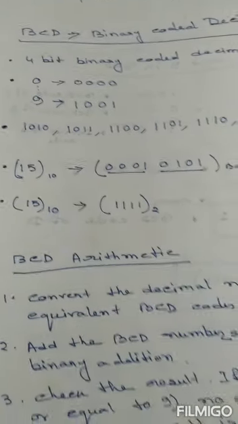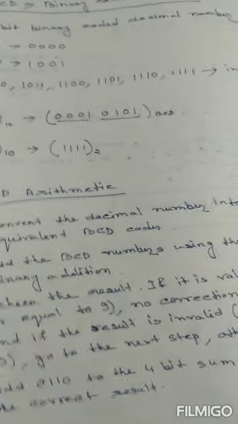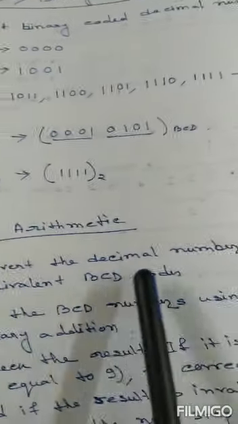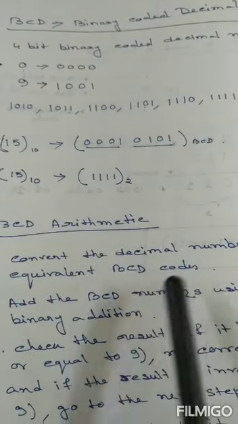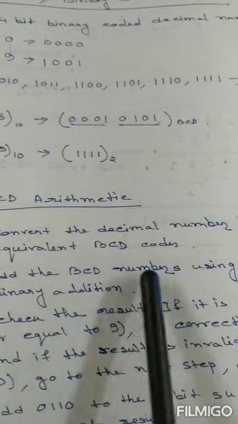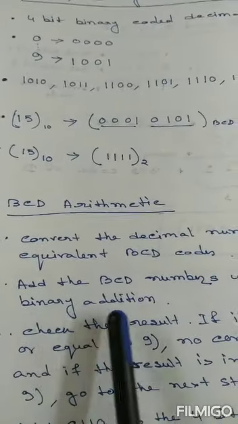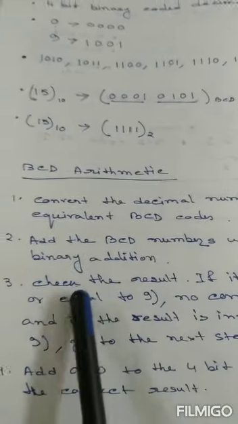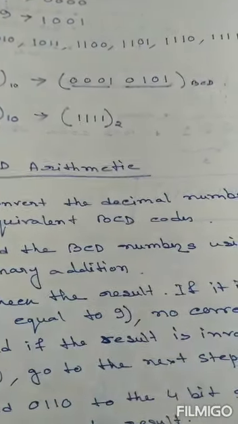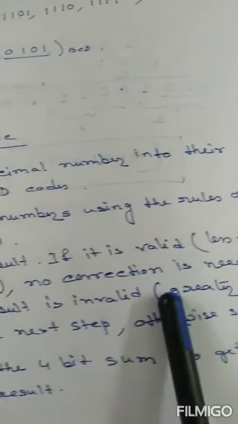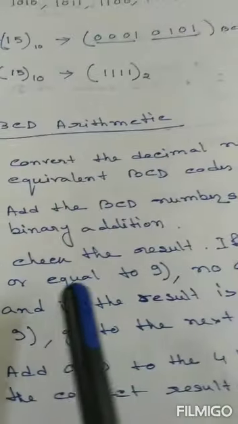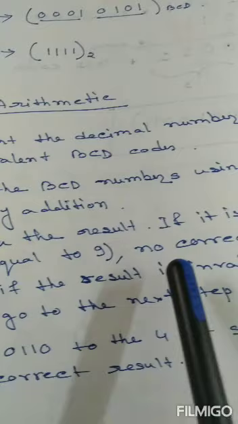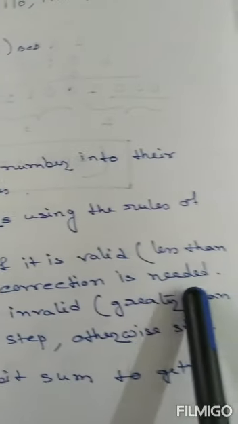Now come to BCD arithmetic. There are some rules. What are the rules? First, convert the decimal numbers into their equivalent BCD code. Then add the BCD numbers using the rules of normal binary addition. After that, check the result. If it is valid, that is less than or equal to 9, no correction is needed.